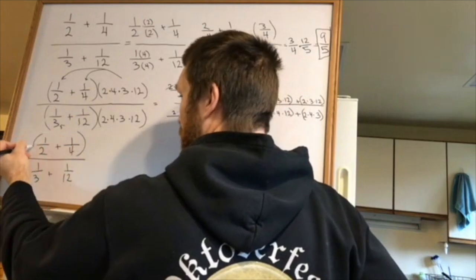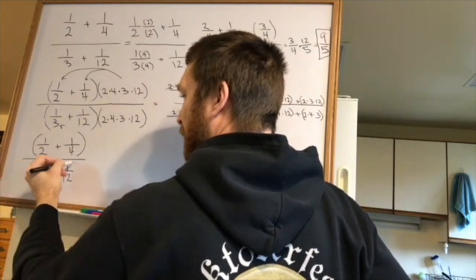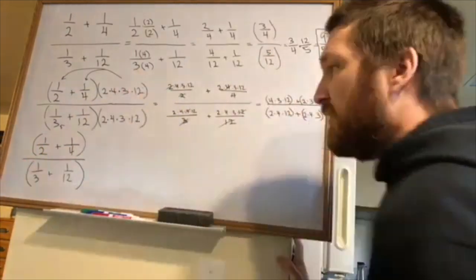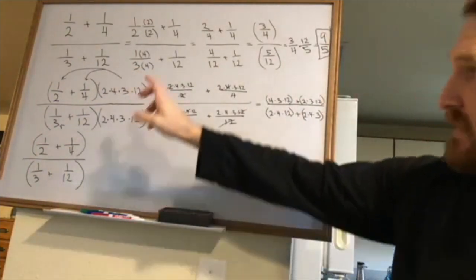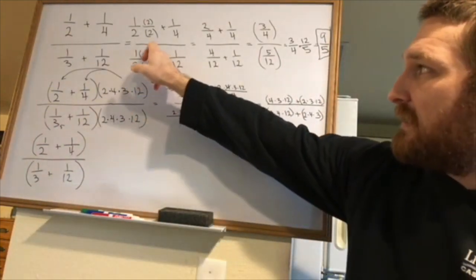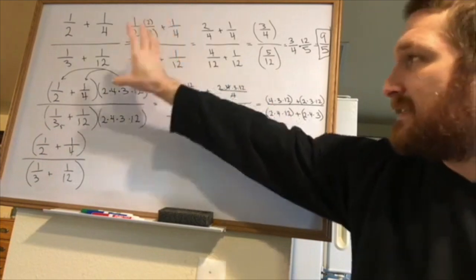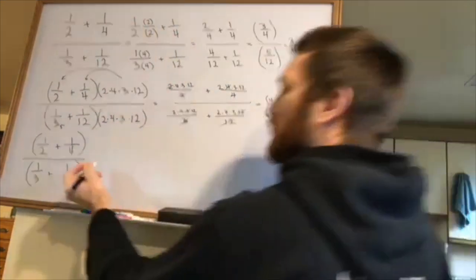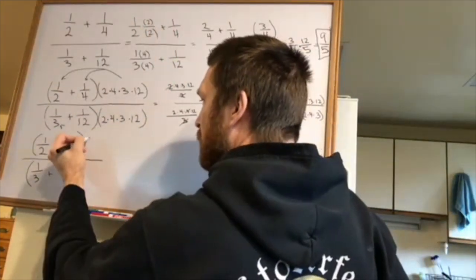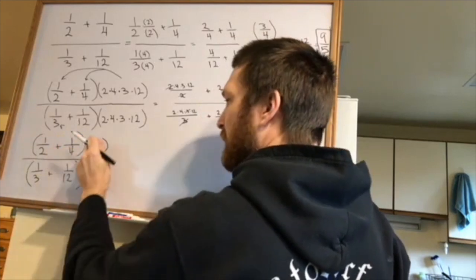And I don't want to change the fraction, right? So the same way as here, if I multiply by some number over itself, it doesn't change the fraction. So I want to multiply by some number.